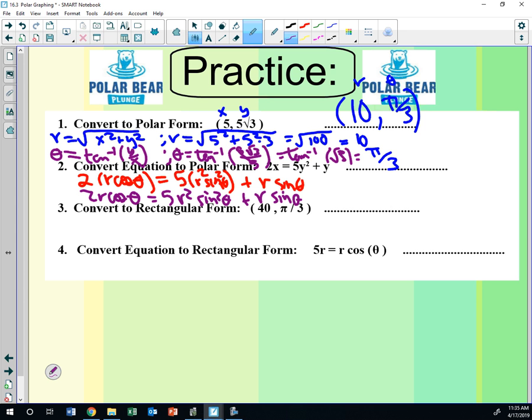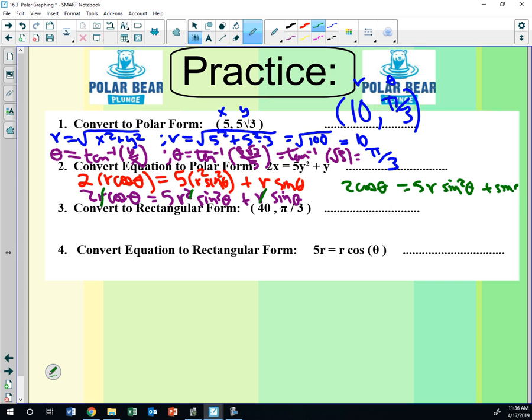What could we divide both sides by, get rid of? What can we get rid of in all 3? Probably the r. Okay, so my final answer there will be 2 cosine theta equals 5r sine squared theta plus sine theta.